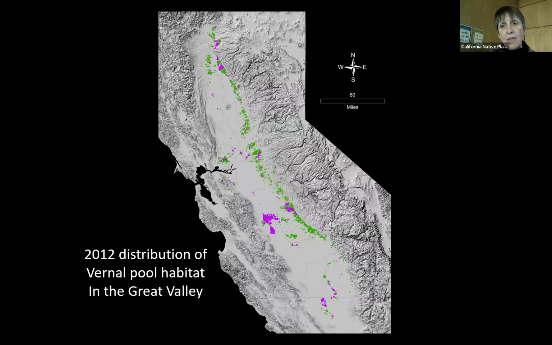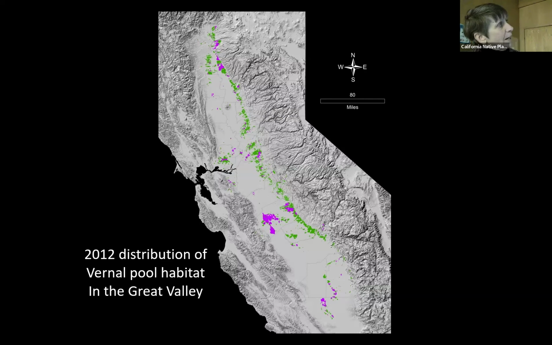So going back to the distribution map, because I don't want this to end on a bad note. During the course of doing this 2012 distribution mapping, for the first time ever, the California Conservation Easement Database became available publicly. And so we were able to intersect the vernal pool polygons with conservation easements and other protected lands in California.